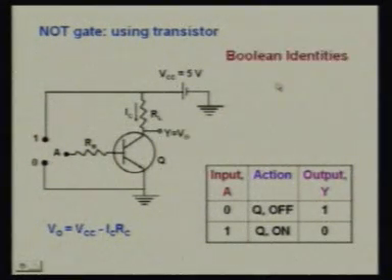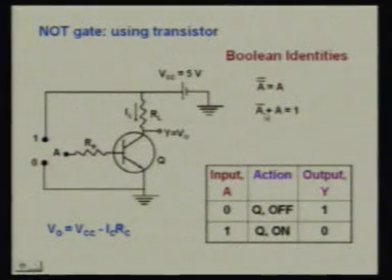Now for the NOT gate we also have a few Boolean identities. This line I will call a bar or complement. So the complement of the complement is the input quantity itself. If we have one input at the NOT gate and it is complemented 2 times, taken in reverse 2 times, then we will get the original quantity.